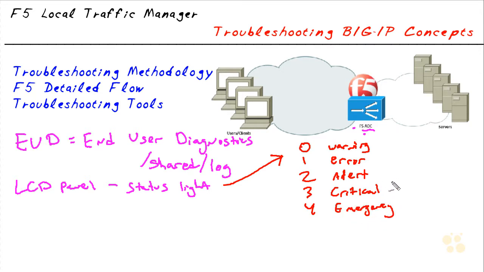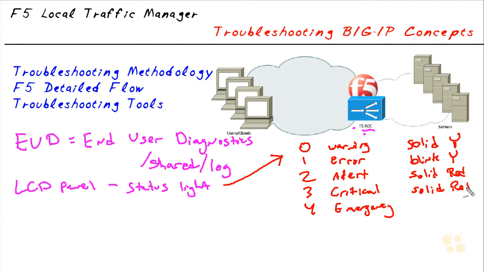A lot of it has to do with the light and what we see. So this will be a solid yellow light. This will be a blinking yellow light. Now 2 and 3 are really kind of the same thing from an alert standpoint.